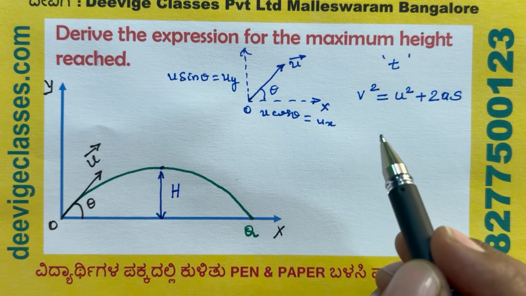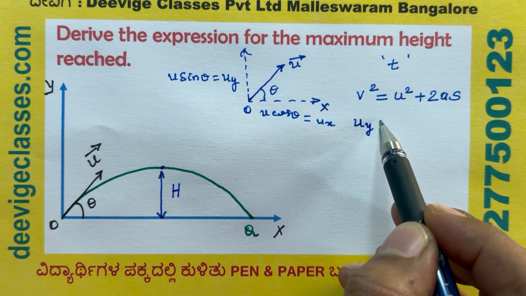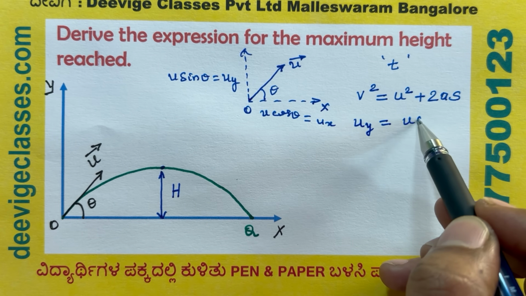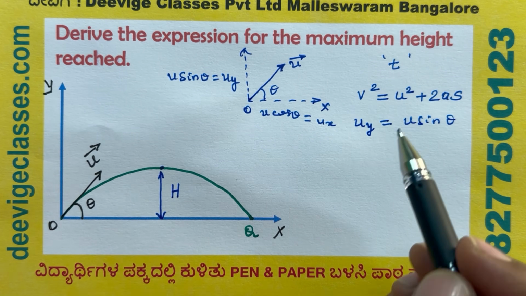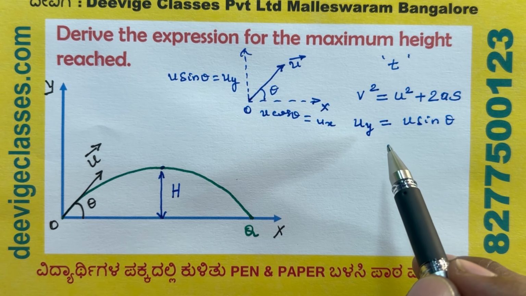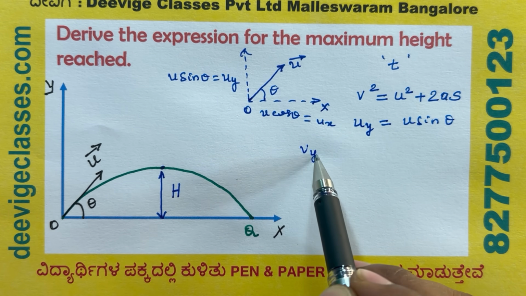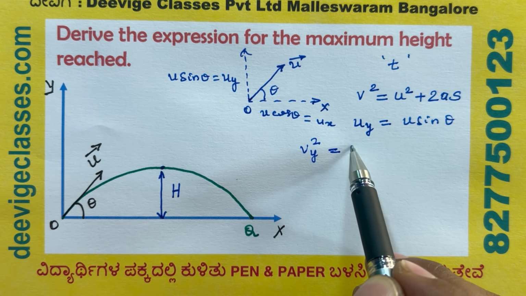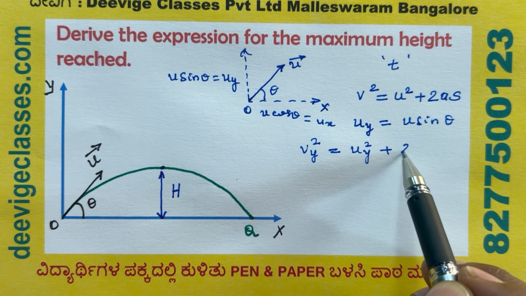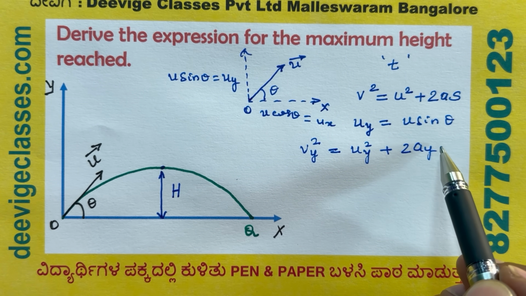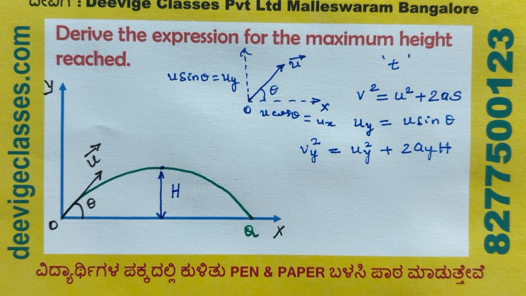Now what is the vertical component, u suffix y? It is u sin theta. Substitute here: v suffix y square is equal to u suffix y square plus 2 a suffix y into h, where h is the maximum vertical displacement.